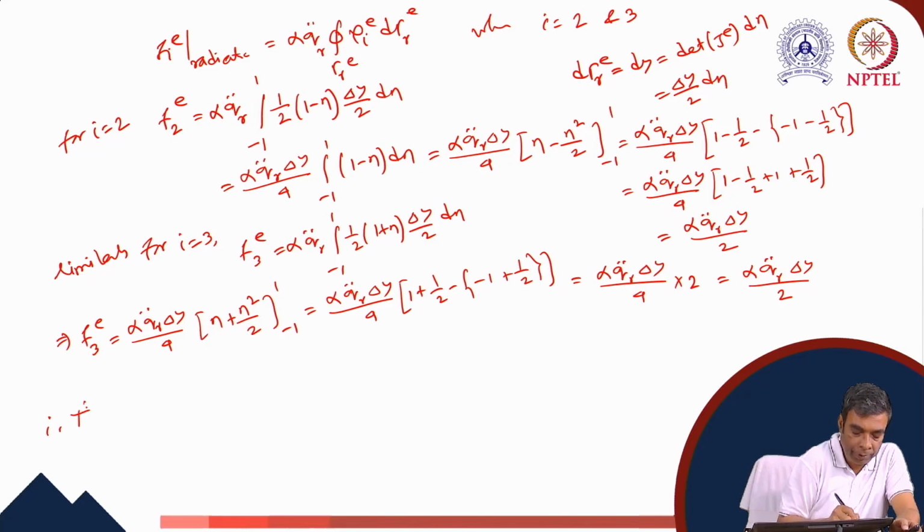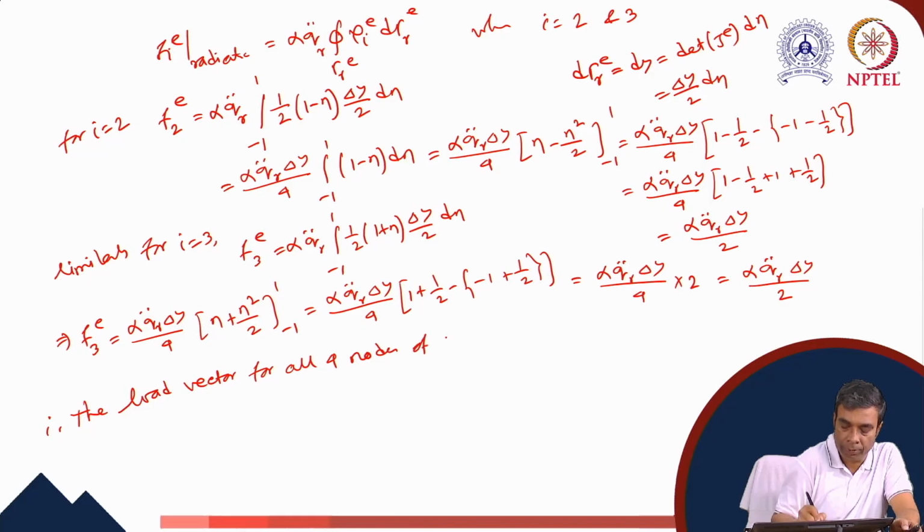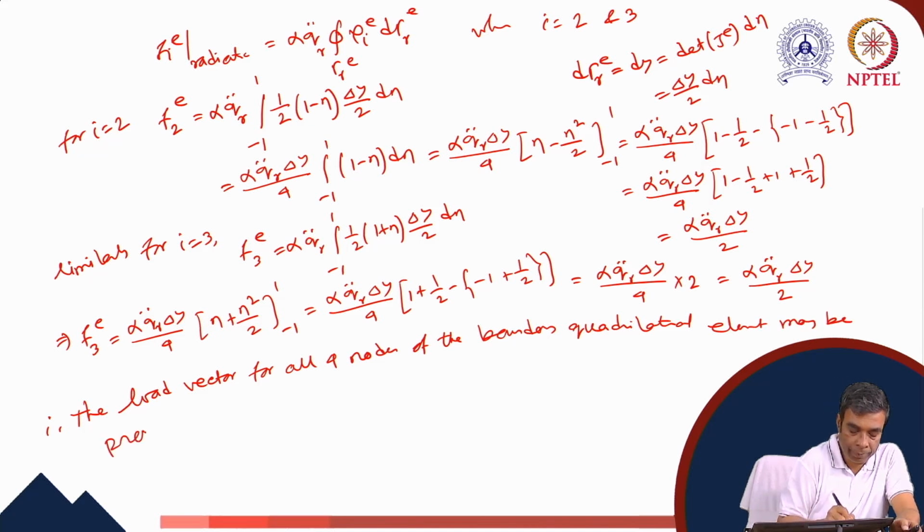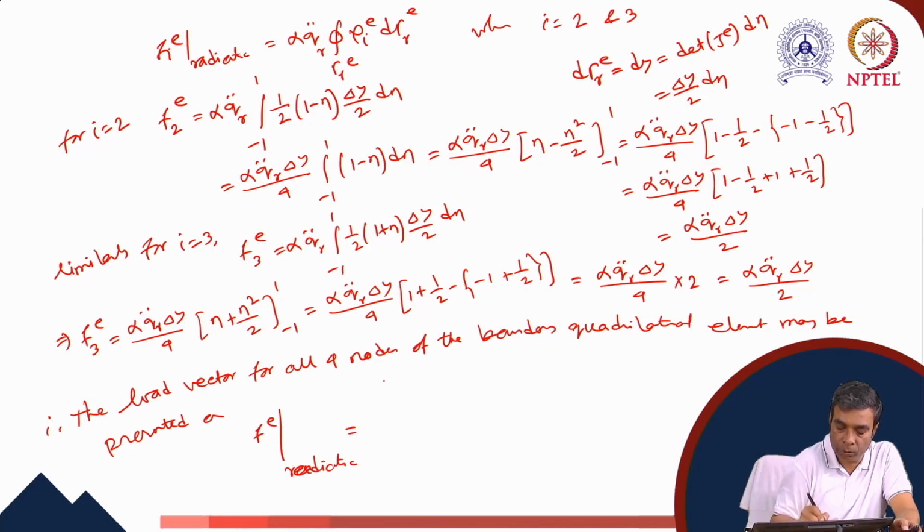Therefore, the load vector for all 4 nodes of the boundary quadrilateral element may be presented as F^e due to radiation equals 0, alpha q_r double dot delta y by 2, alpha q_r double dot delta y by 2, and 0.